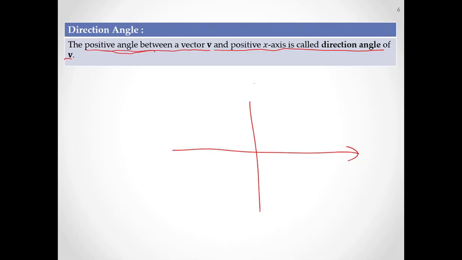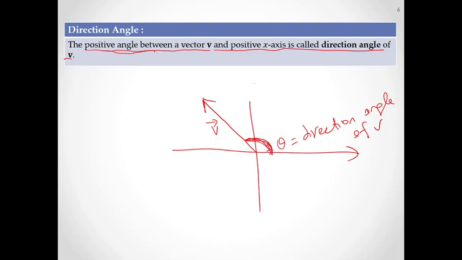If you have a vector like this, this angle will be our theta, the direction angle of v. If v is a vector in this direction, this will be our direction angle.